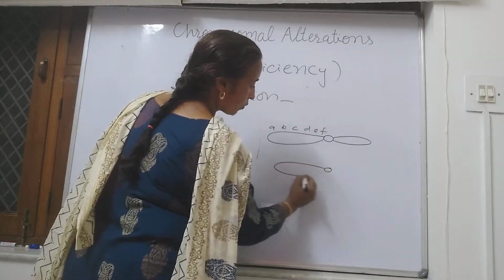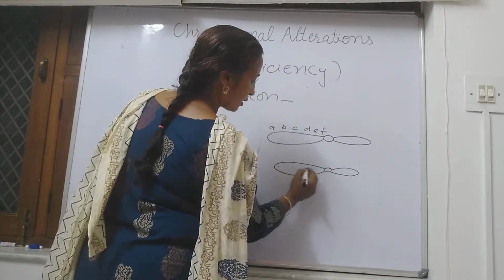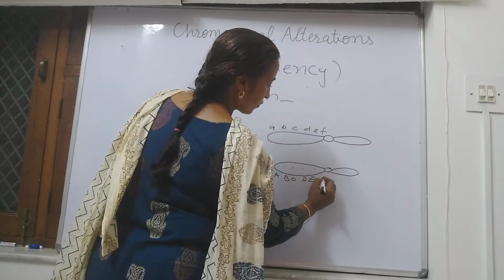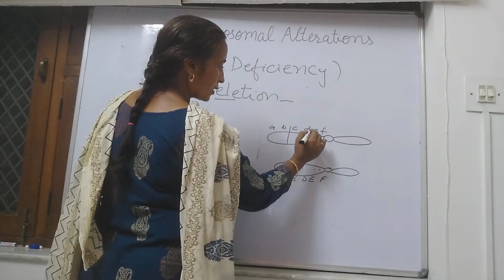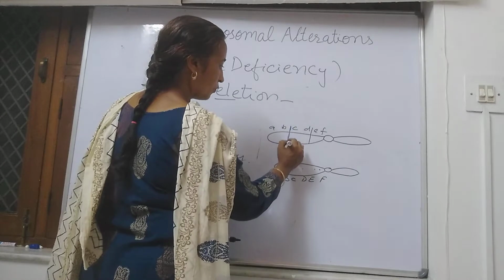These are homologous chromosomes and genes are A, B, C, D, E, F. Suppose genes CD are removed.